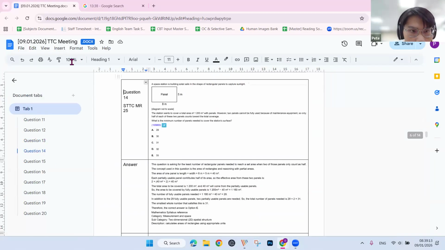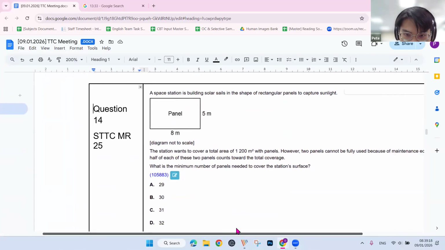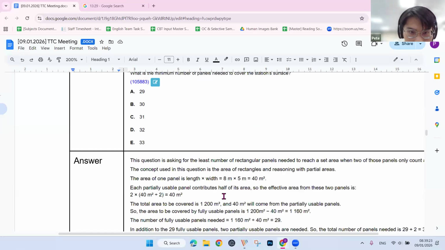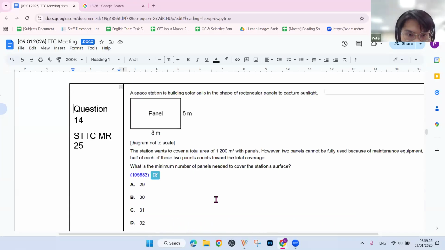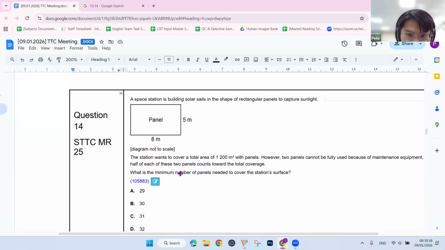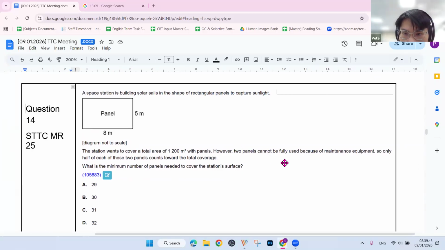So move to the next question. In this question we need to find the minimum number of panels needed to cover the station surface entirely. We have one panel here, so we need to find the area of one panel, which is 8 multiplied by 5, which is 40 square meters. Two panels cannot be fully used and only half of each counts toward total coverage.